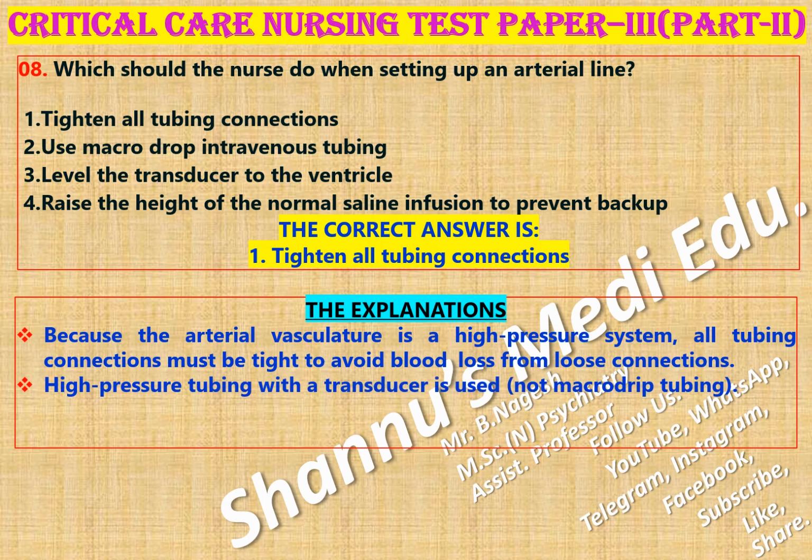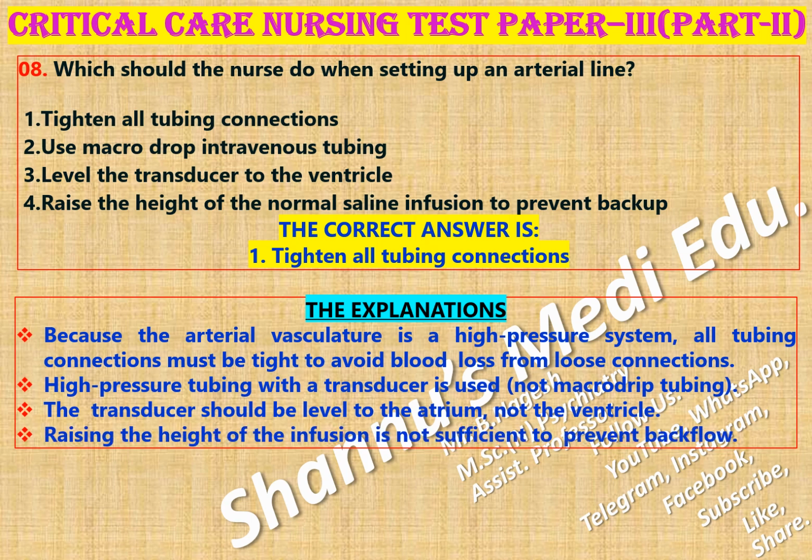The high pressure tubing with a transducer is used, not micro drip tubing. The transducer should be level to the atrium, not the ventricle. Raising the height of the infusion is not sufficient to prevent blood backflow.